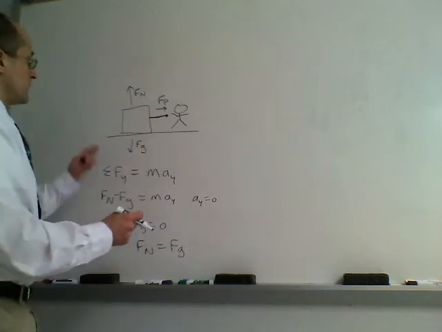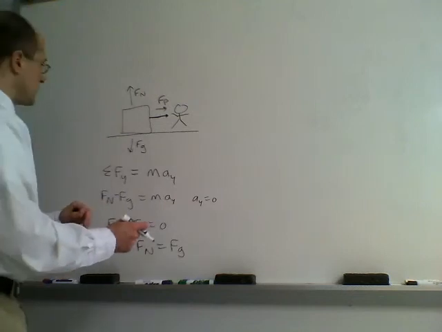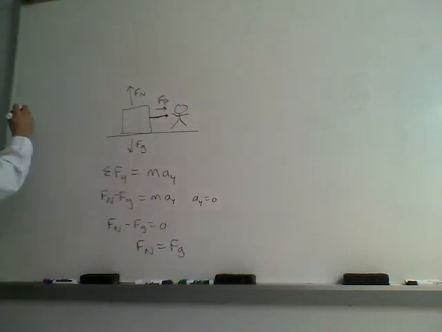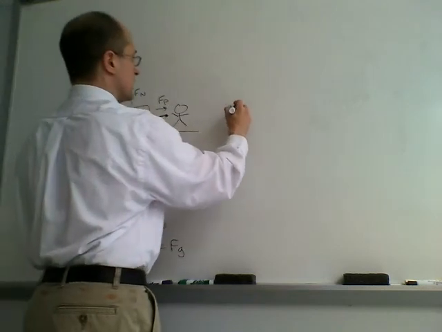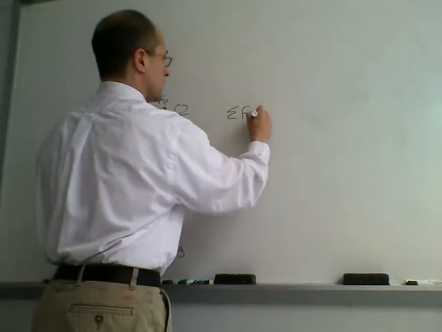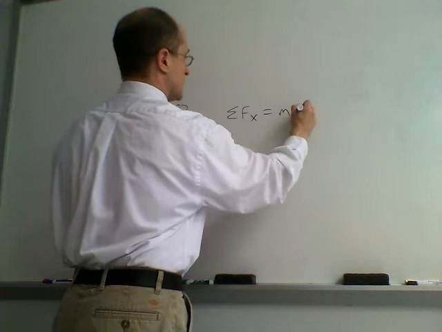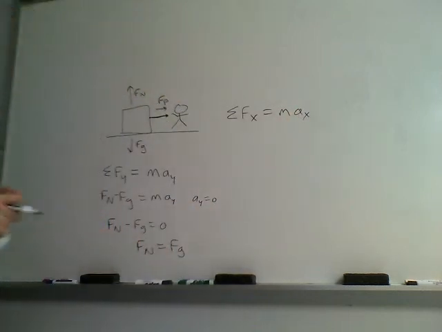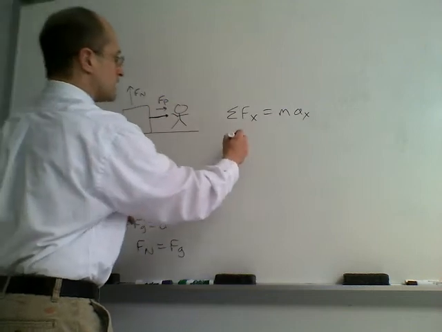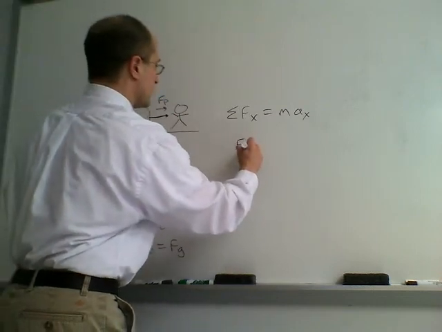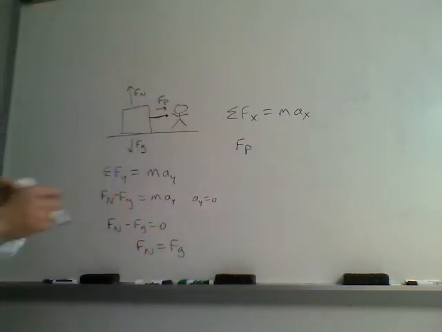Now the next part is to sum the forces in the x direction, which has to equal the mass times the acceleration in the x. Looking at all the forces in the x, we only have the force of the pull in the x.